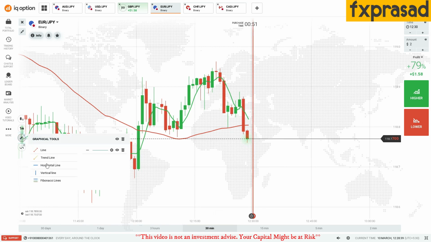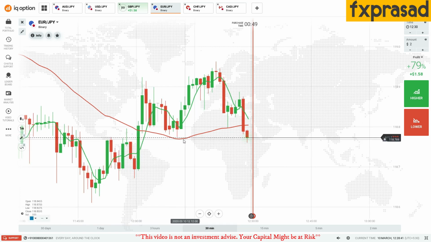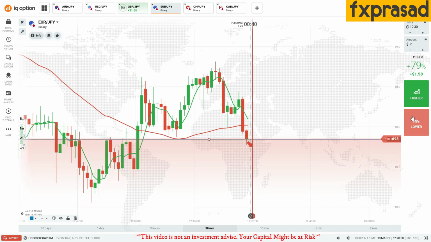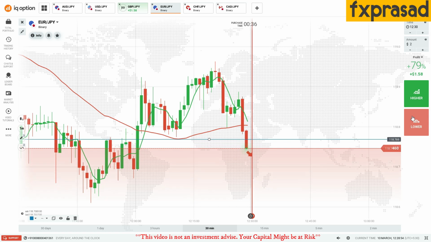And once check your SNRs too. This is the SNR level. It already broke the level.